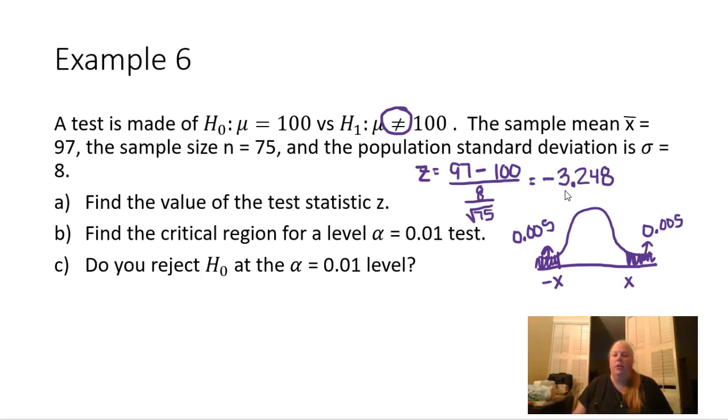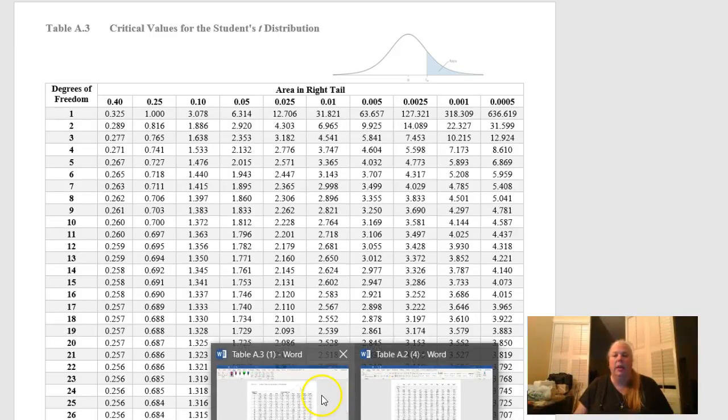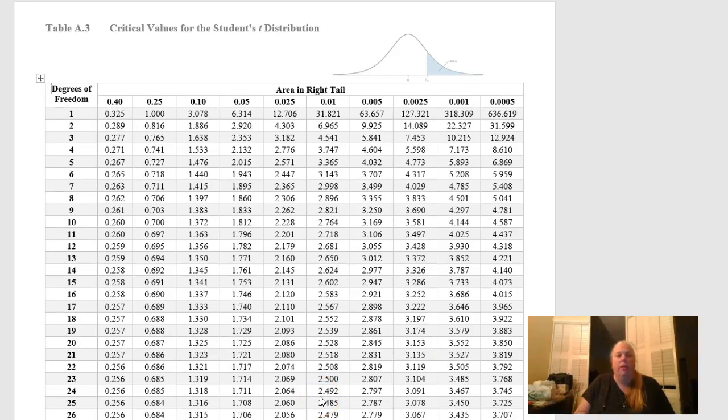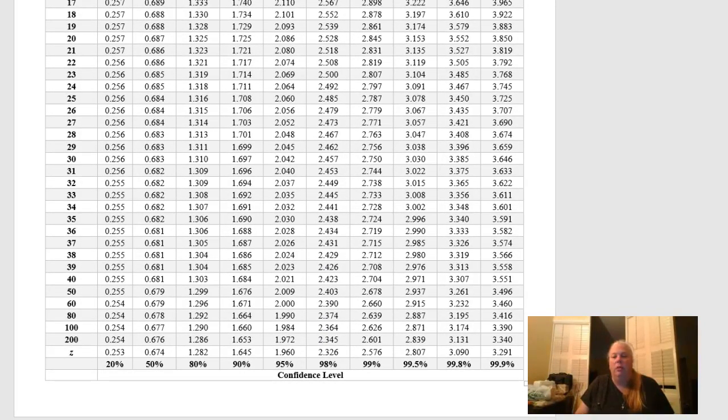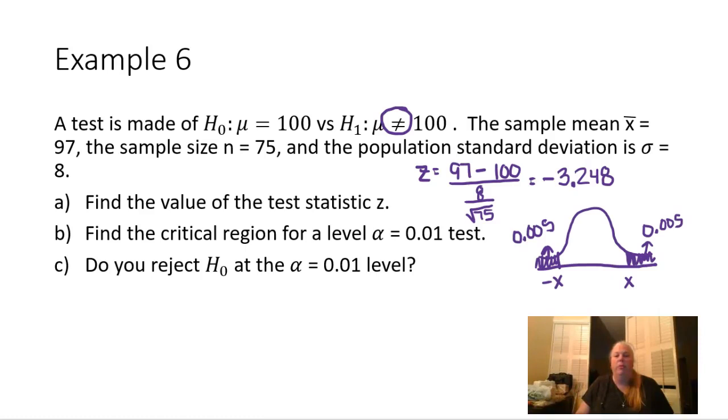All right, let's go to table A3. We're looking for 0.005, and we're going to read down to the z line. 0.005, here it is. It's 4 from the right. We're going to go down to the z line. 1, 2, 3, 4. That gives me 2.576 as my critical value.